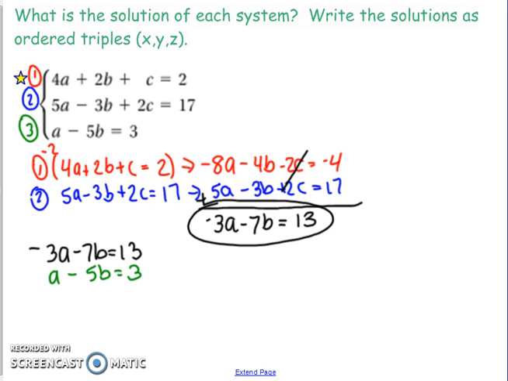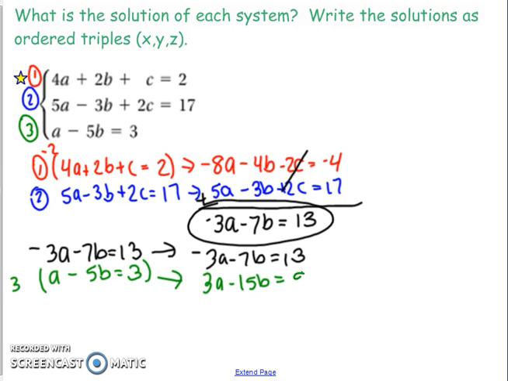So what I can do is I can multiply the third equation here by a 3 to make my a's cancel out. So let's just rewrite this. That's going to be negative 3a minus 7b equals 13. And then this is going to become 3a minus 15b equals 9. So since my a's are the same number but opposite signs, I can add.